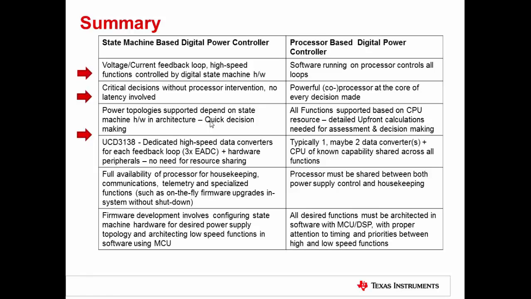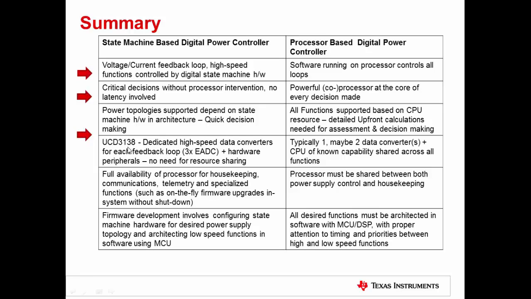On the other hand, with processor-based devices, the power supply designer and the firmware engineer have to involve themselves in detailed upfront calculations to ensure that the processor of choice is able to support the power supply requirements.